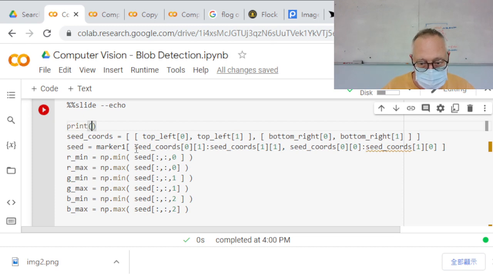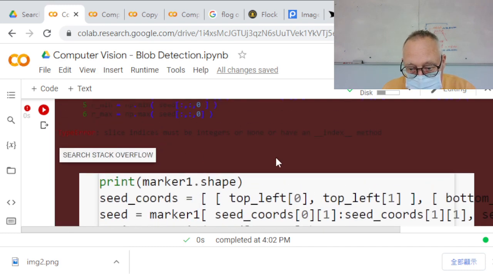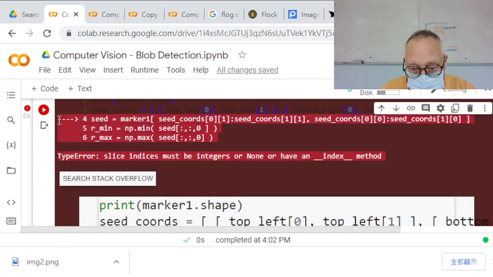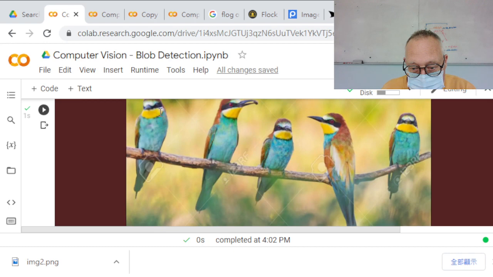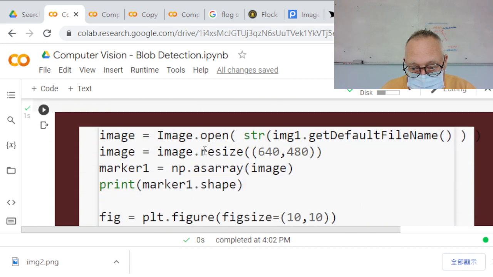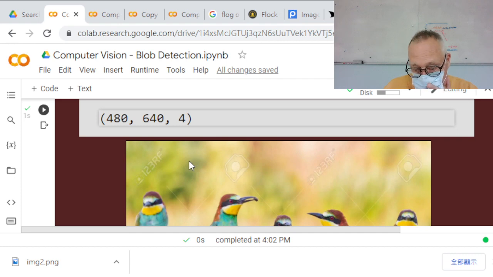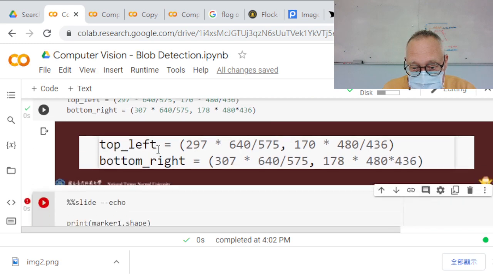So let's see, print marker 1 dot shape. And what's the marker? For 8644.